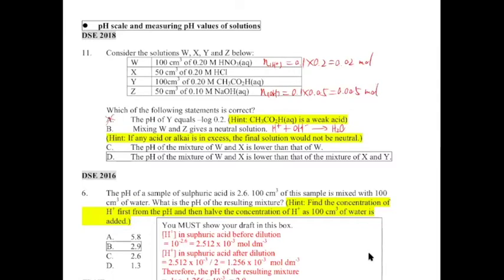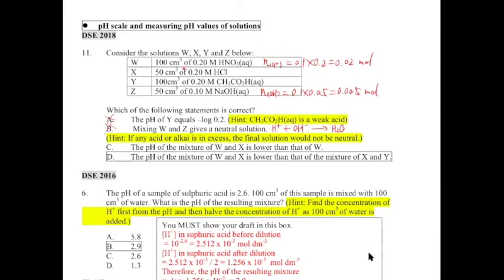As you can see, not in 1-to-1 ratio. The acid is in excess, so the resulting solution will actually be acidic. So not a neutral solution. So B is wrong. And then C, the pH of the mixture of W and Z is lower than that of W.